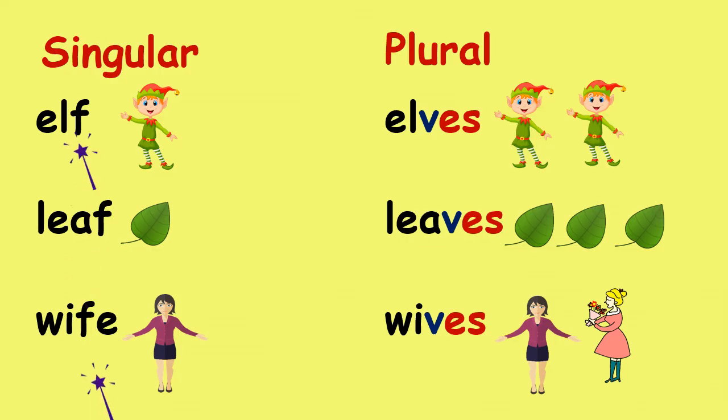Elf ends in F. Leaf ends in F. Wife ends in FE. So what did we do to make it plural? We changed the F into a V and then we added ES. In wife, we changed the FE into a V and then added ES.